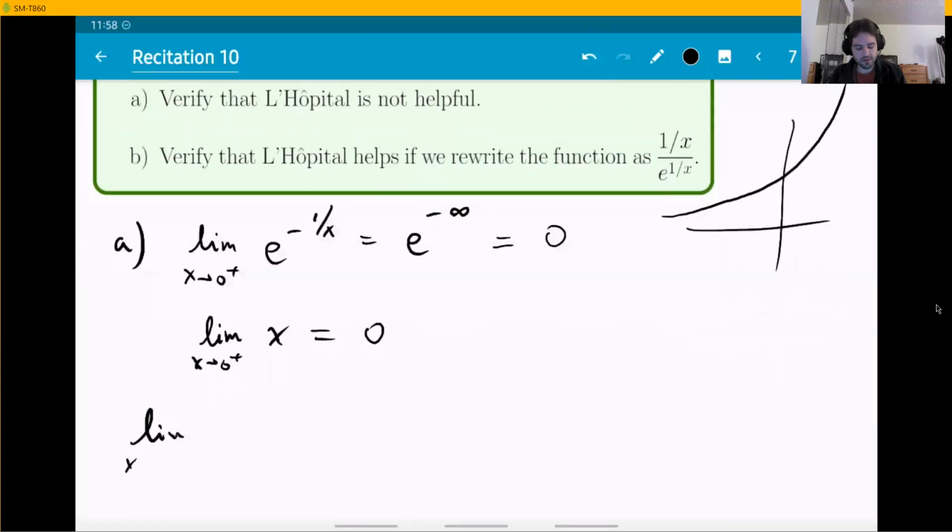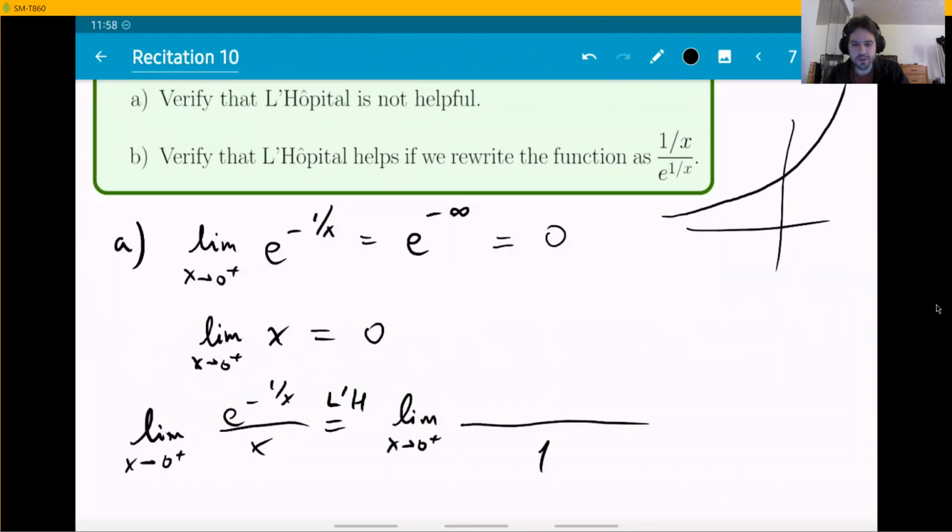So the limit as you approach 0 from the right, e to the minus 1 over x. Let's use L'Hopital. What is that going to give us? Okay, denominator is the easy one to find a derivative. That's just 1. But the numerator is going to require the chain rule. The exponential function, when you differentiate it, it's just given itself, e to the minus 1 over x.